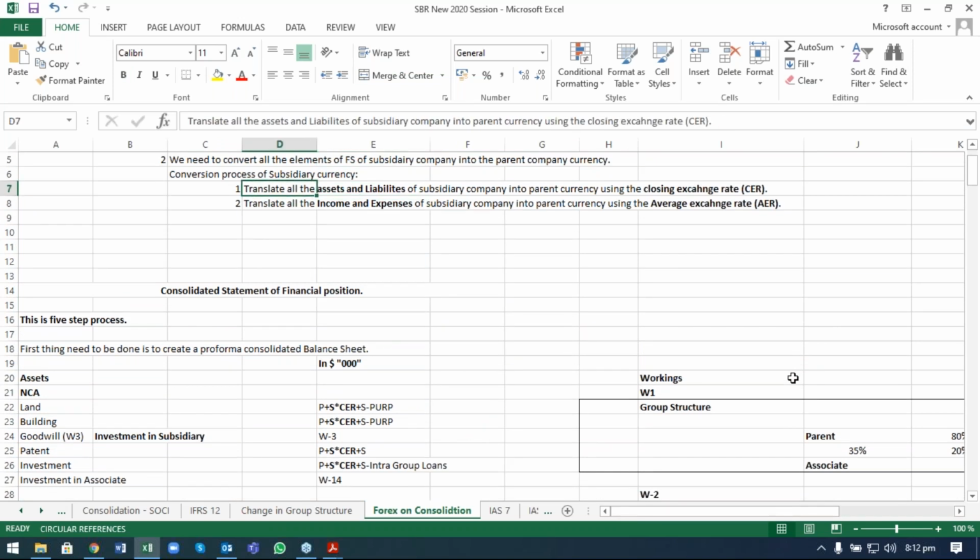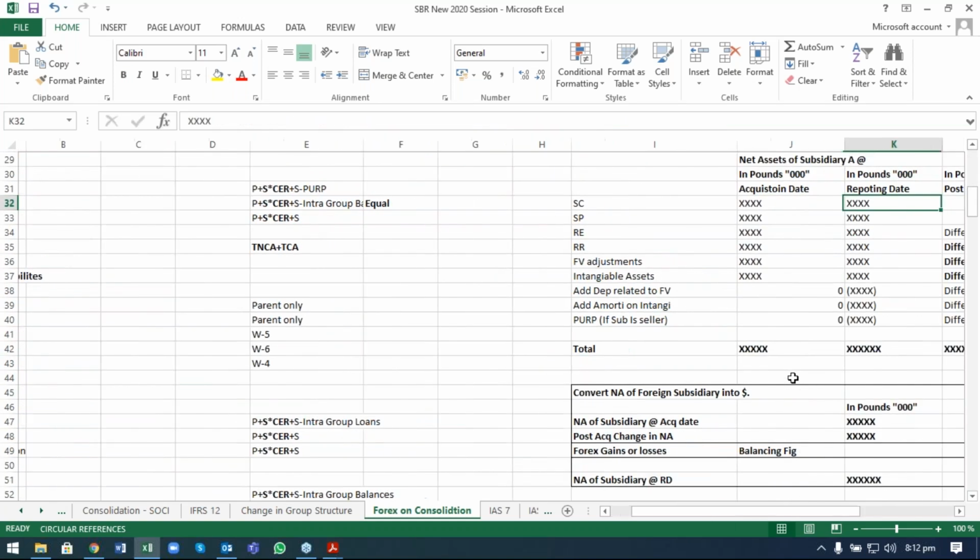Translate all assets and liabilities of the subsidiary into parent currency using the closing exchange rate or the opening exchange rate. The opening exchange rate should be used for opening assets, denoted as OER, opening rate, and all the income and expenses of the subsidiary should be accounted for using the average exchange rate.